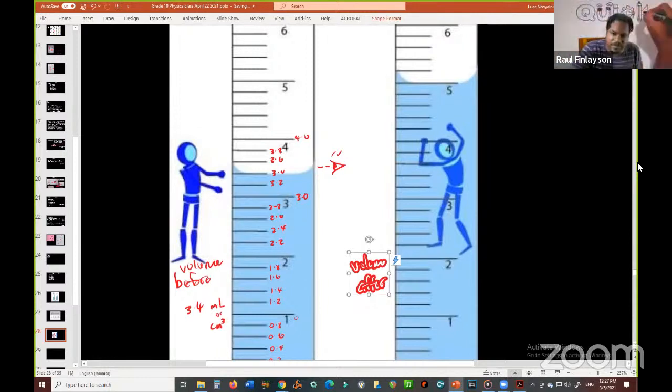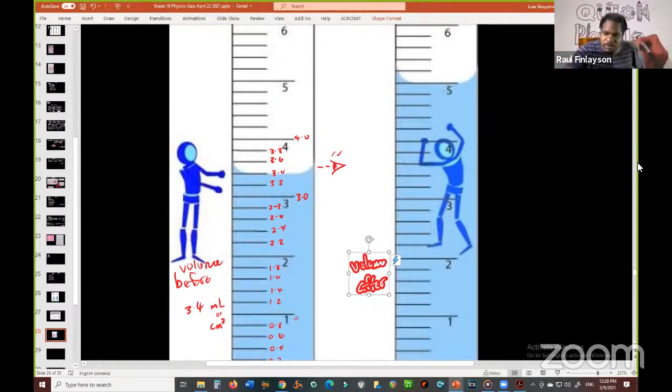So notice that in the volume before, this person looks to be like a scuba diver, a person with underwater gear pointing towards the measuring cylinder here and saying, okay, it's 3.4 milliliters there.